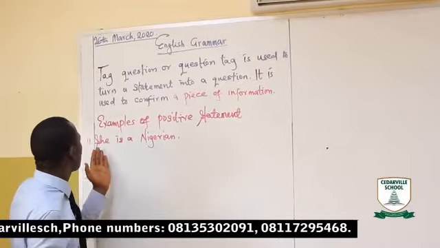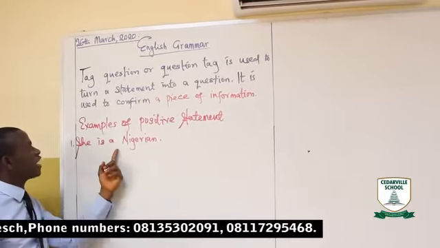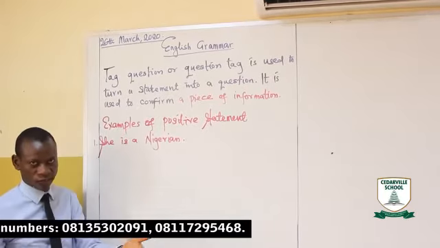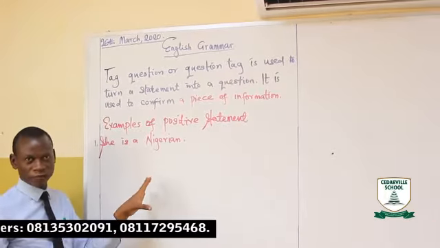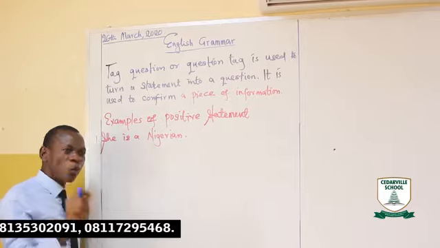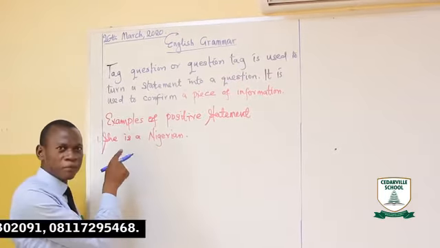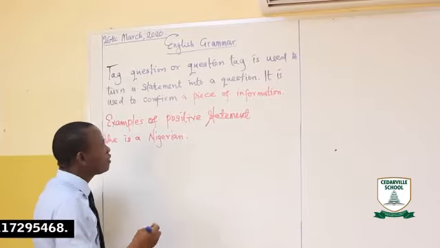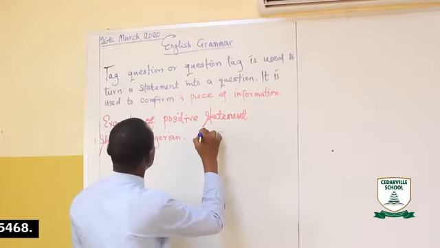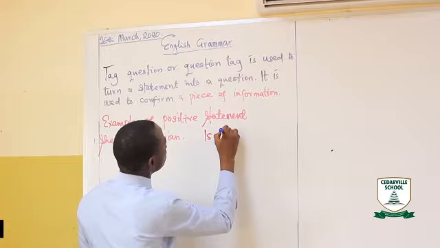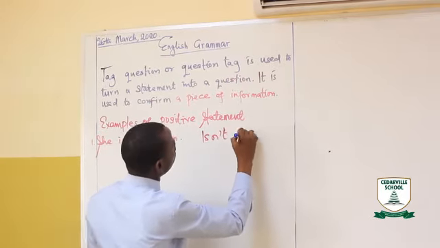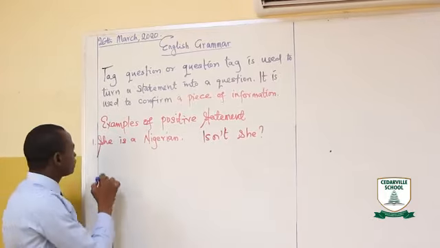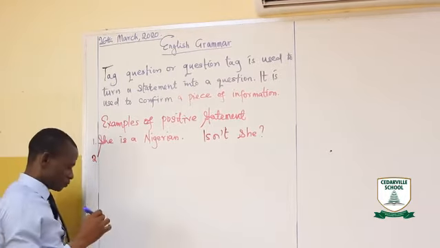If you observe, in the statement, she is a Nigerian, there is nothing like not. That makes it positive. And so the question for this type of statement is going to be, isn't she? Isn't she?